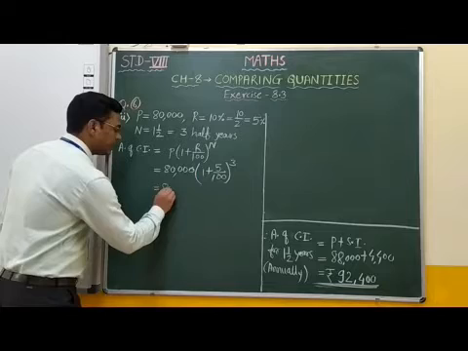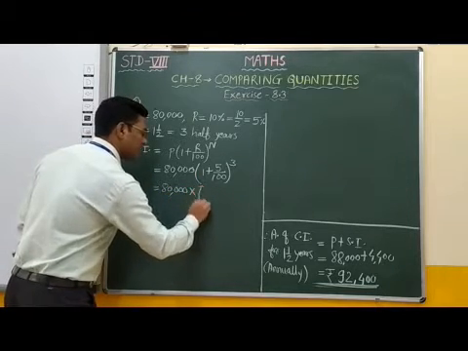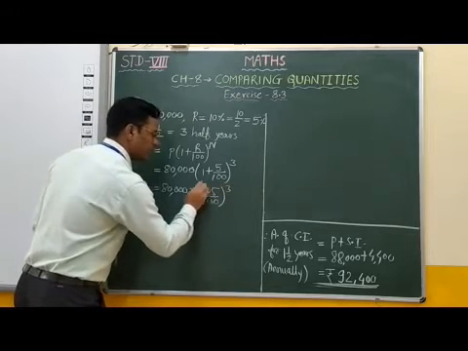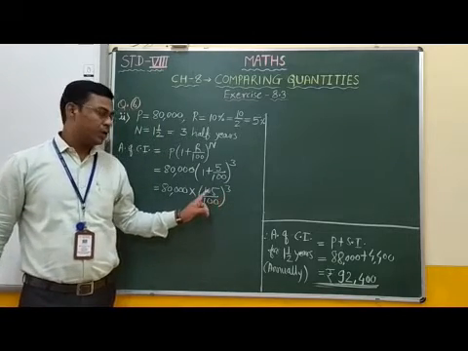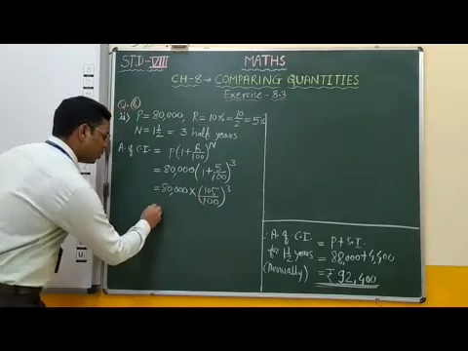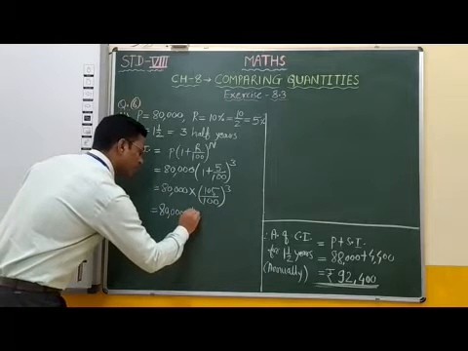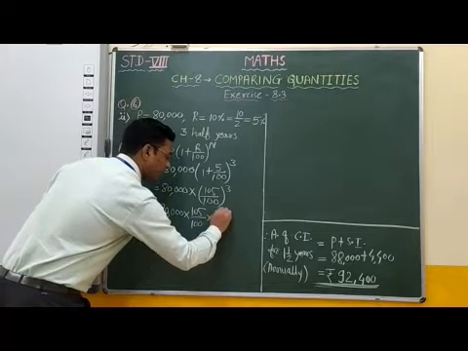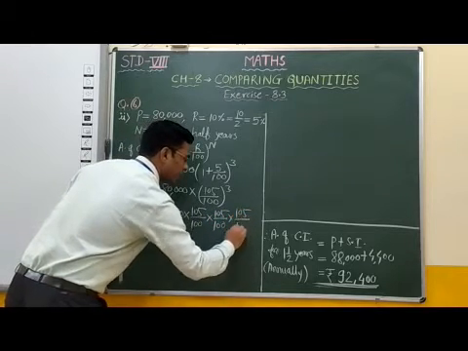Therefore, 80,000 into 105 upon 100 raised to 3. Now, here the bracket is raised to 3. Therefore, we have to multiply this bracket 3 times. Which is equal to 80,000 into 105 upon 100, 105 upon 100, into 105 upon 100.